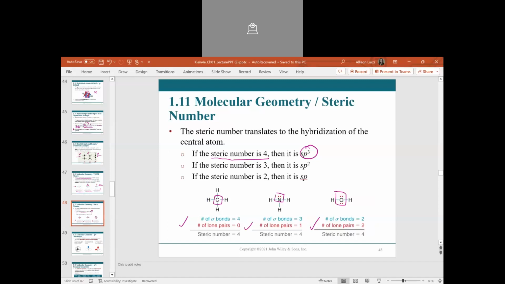There are 4 orbitals that need to be created, 4 degenerate orbitals, and that would mean that we need sp3 hybridization. If the steric number is 3, we only need 3 degenerate orbitals, sp2. And if our steric number is 2, like acetylene was, we would have sp hybridized orbitals.